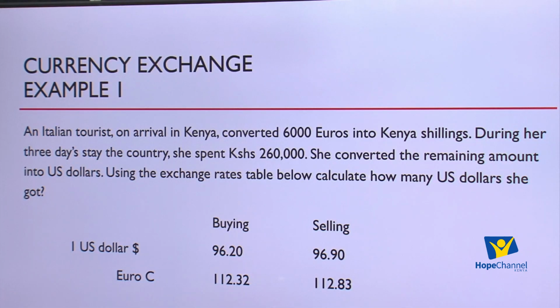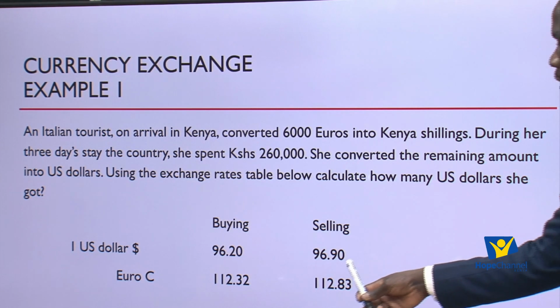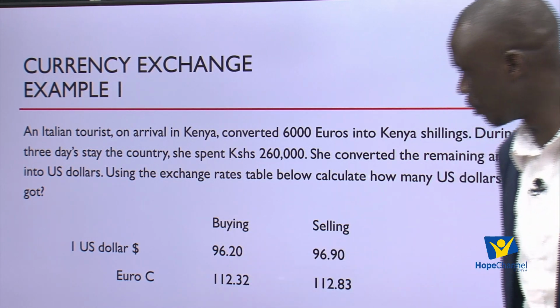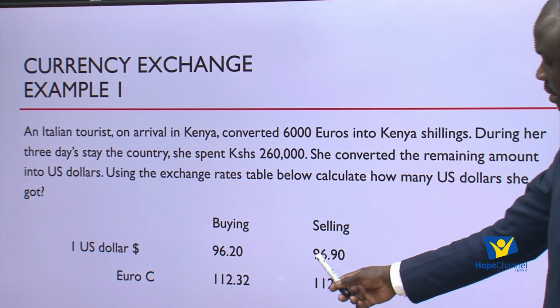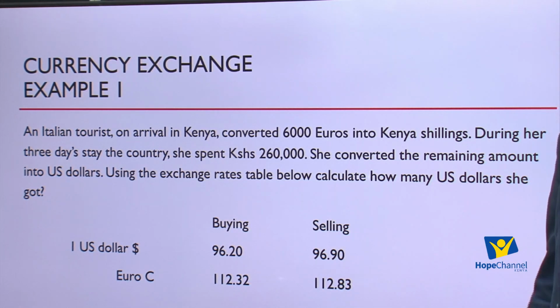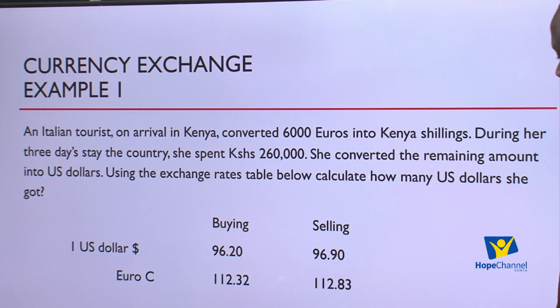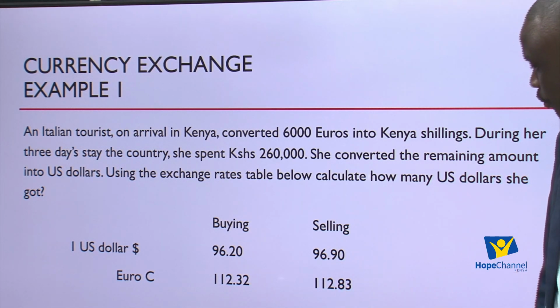So we had said that if we go to the bank with the Kenya shillings and we want them to give us a foreign currency, the bank will definitely sell. So we are going to use the column of selling. So $1 we have been told is buying at 96.20 and selling at 96.90. So definitely we will use the column of selling because we have the shillings.